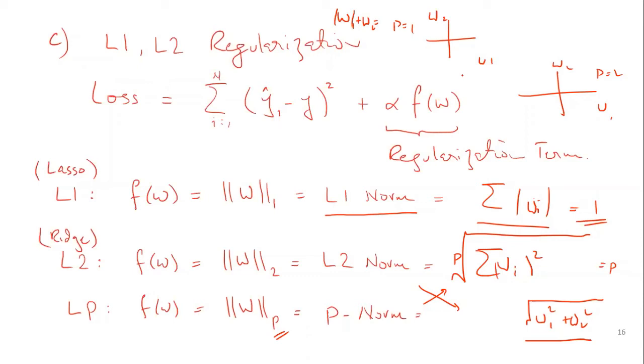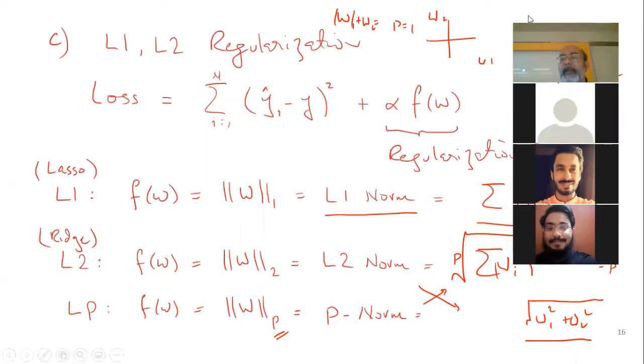Is that a line? Is that a circle? How do you plot a straight line? Parallel lines would be formed. Parallel lines will form. Okay.